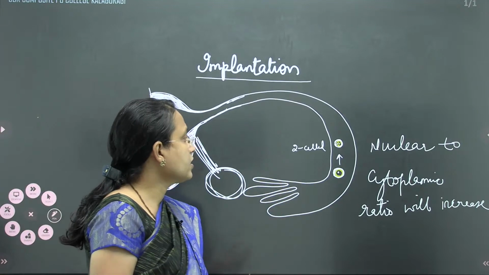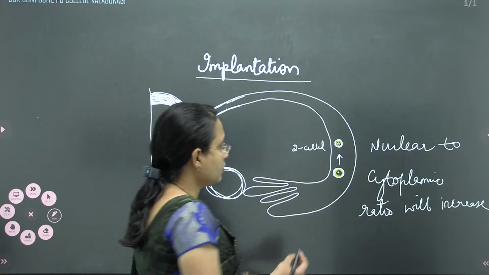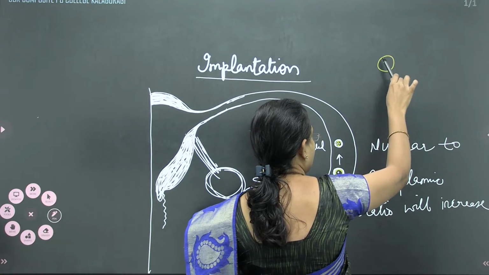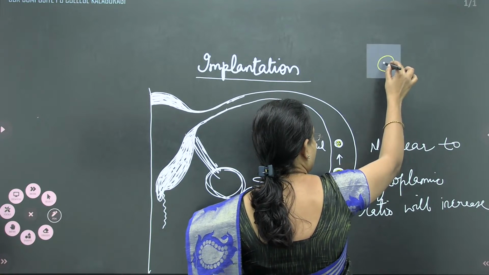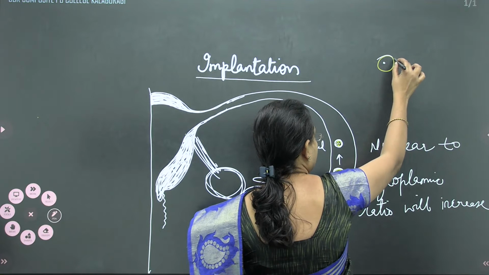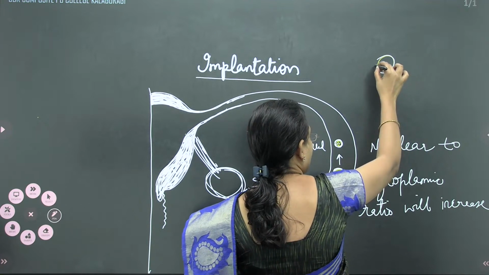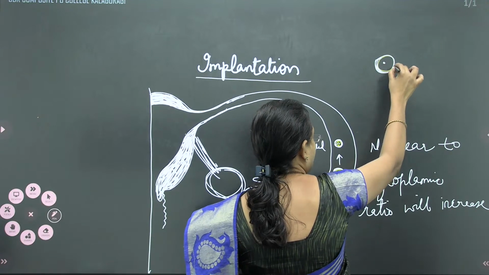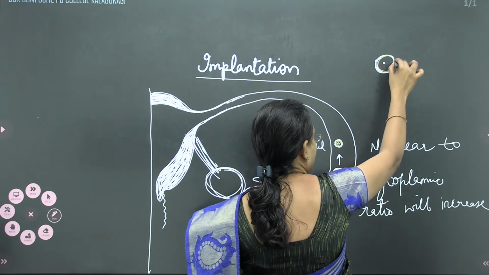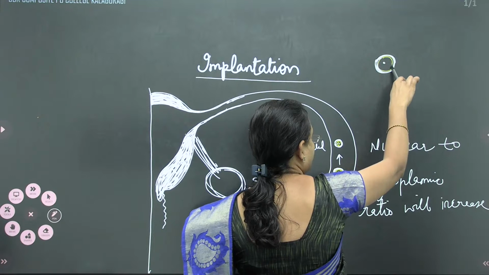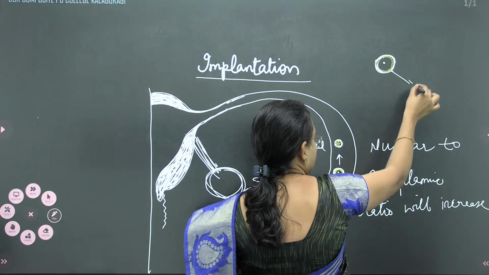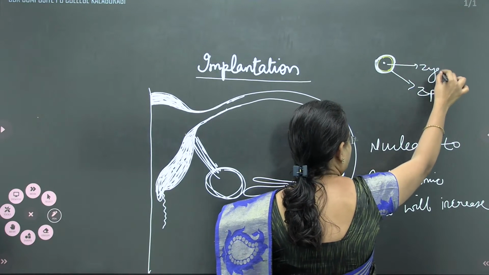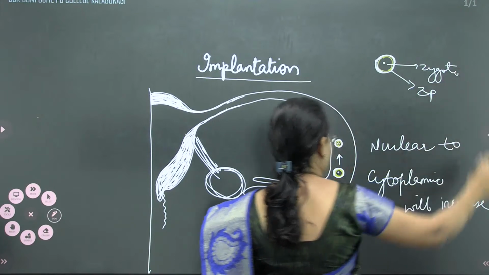So the two-cell stage is formed. Then this white layer, which I have drawn like this, is the zona pellucida, and this will be the actual zygote.